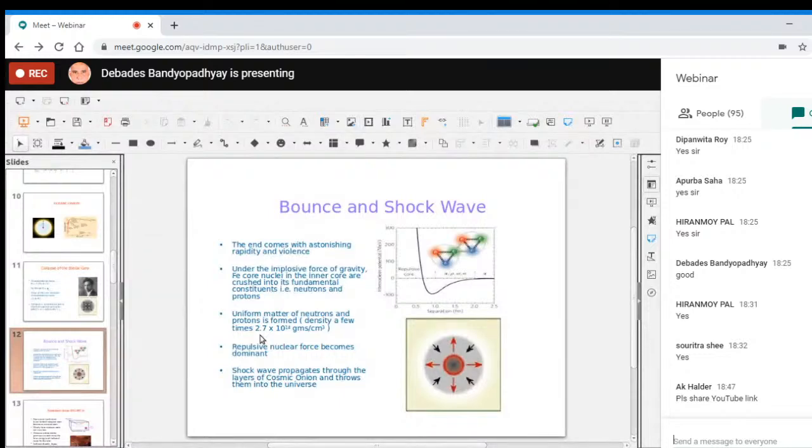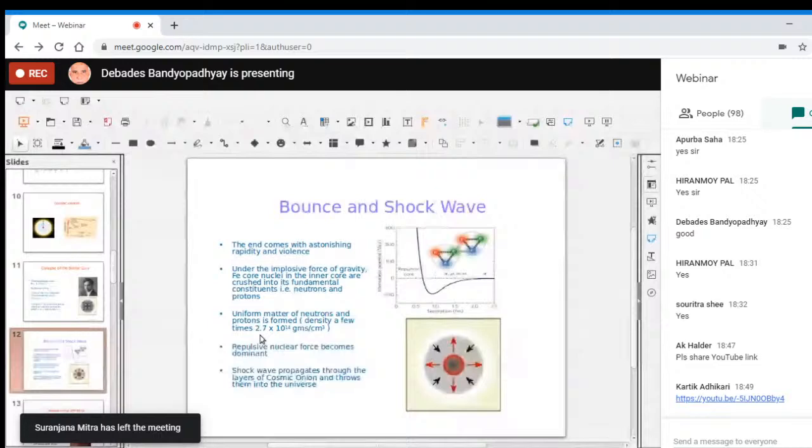Now, if gravity further compresses this matter, then neutrons and protons will come closer. But from nuclear physics, we know that the nuclear force is repulsive at short range and attractive at longer range. So when neutrons and protons come very close in the touching configuration, there will be a strong repulsive force, and that will resist this gravitational collapse.